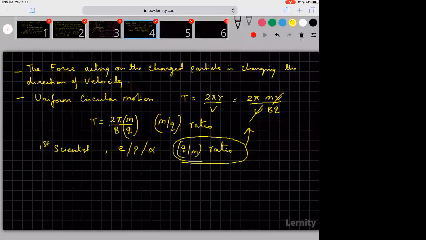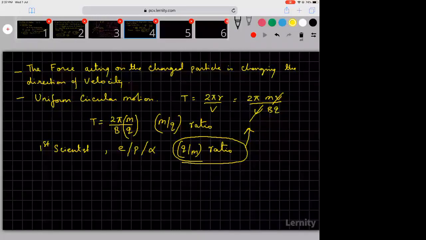By this kind of experiment that we are talking about now. When you push the particle into a magnetic field, the time period depends only on the q by m ratio and doesn't depend upon the velocity of the particle.